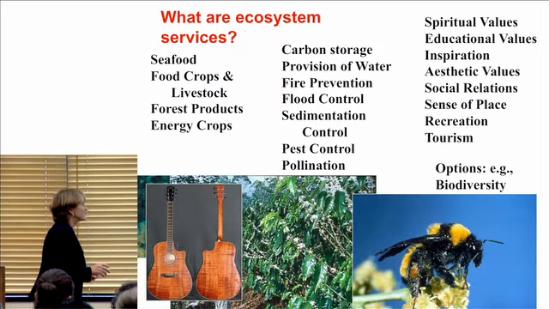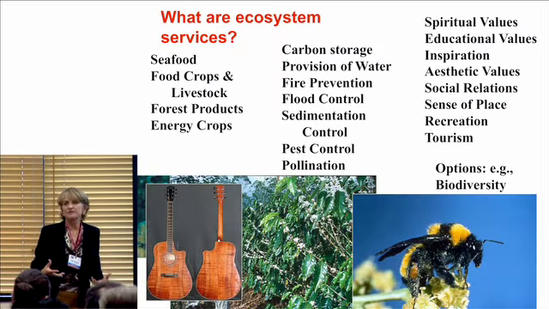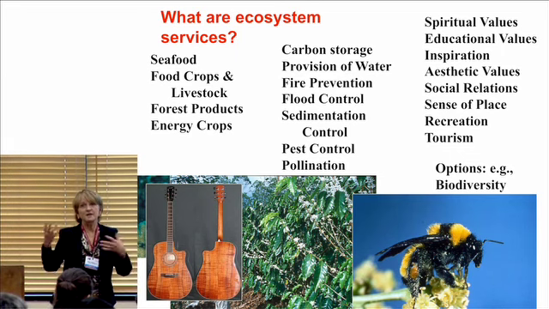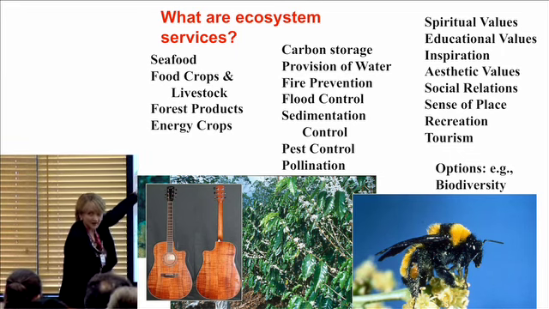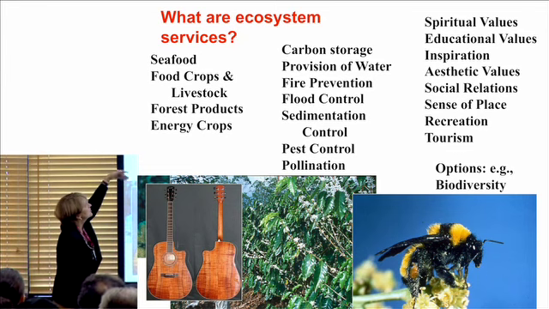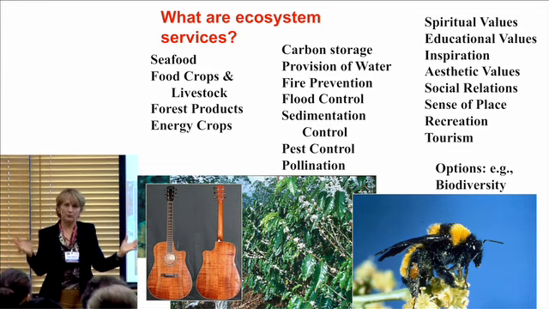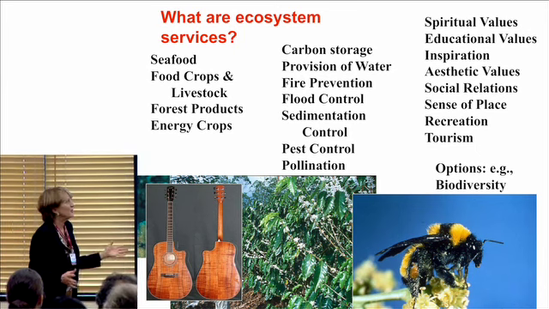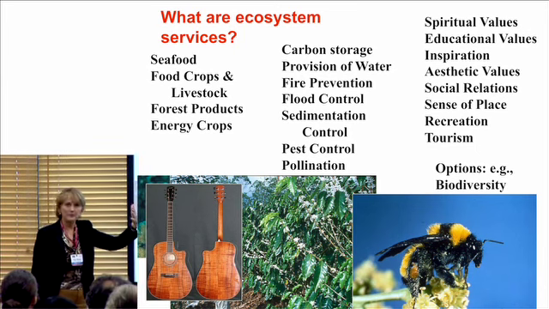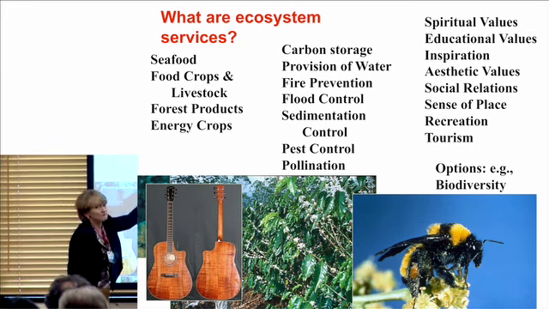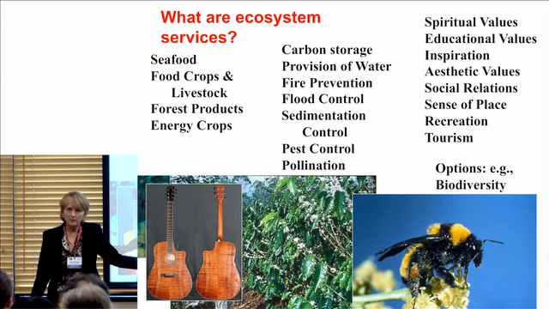The bottom line is that we get lots and lots of things from the land and water and ocean systems of the planet. We get a lot of things we realize we get, like food crops and energy crops and seafood and so forth. We all know that. But we get a whole bunch of other services that we tend not to recognize, or we don't think about. We get services like, for example, a place to store carbon.